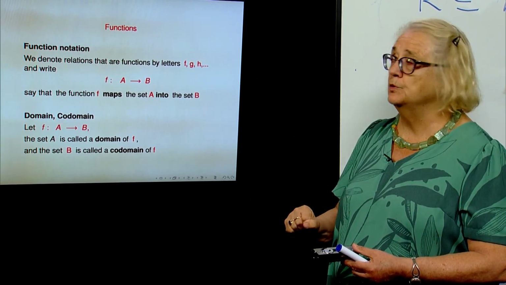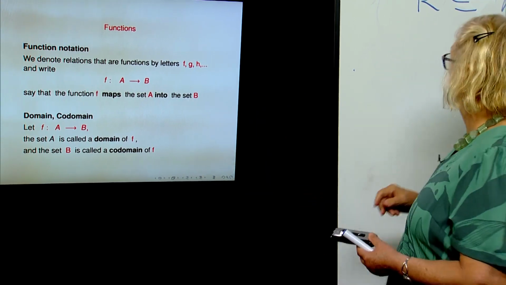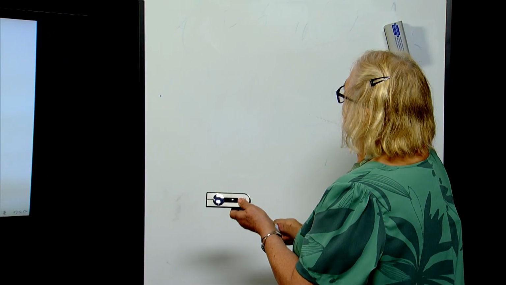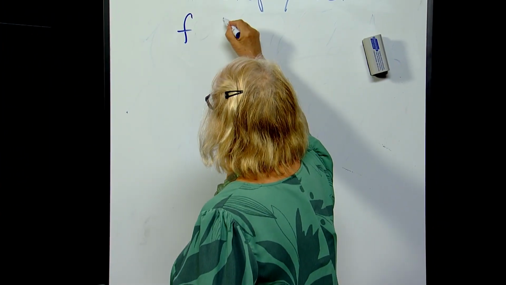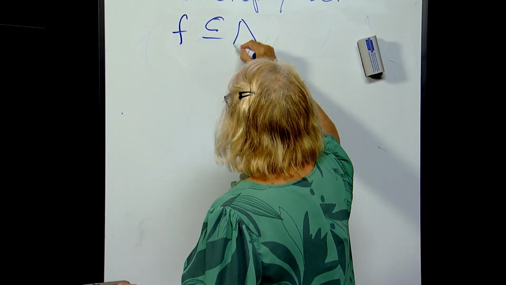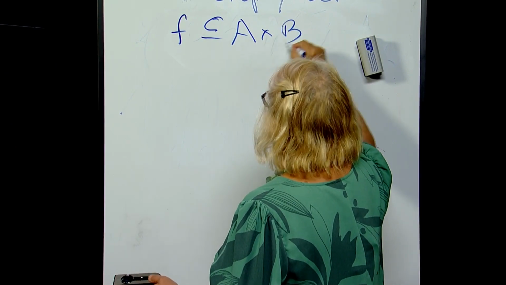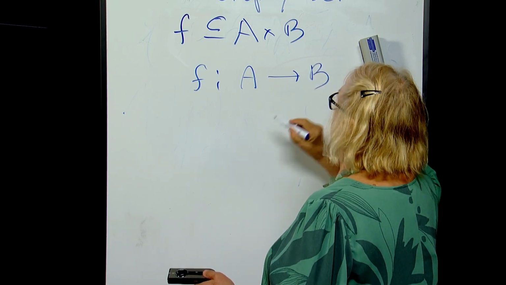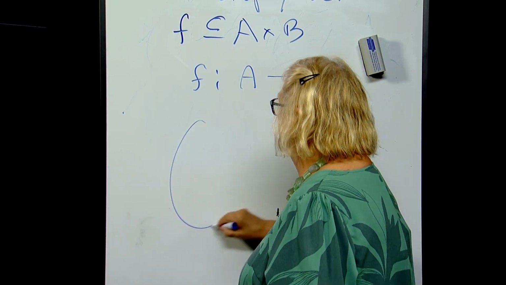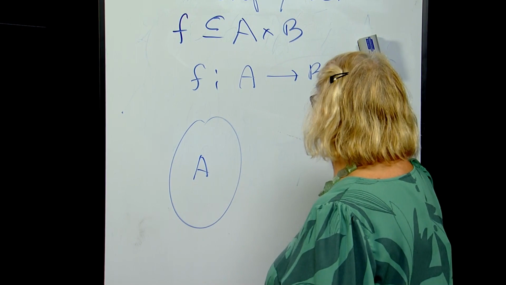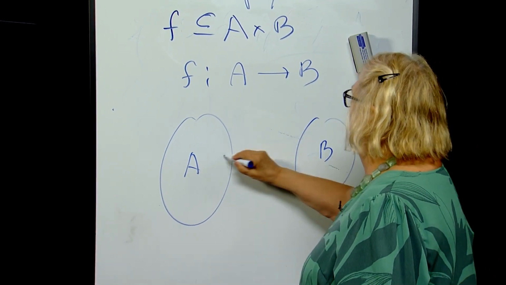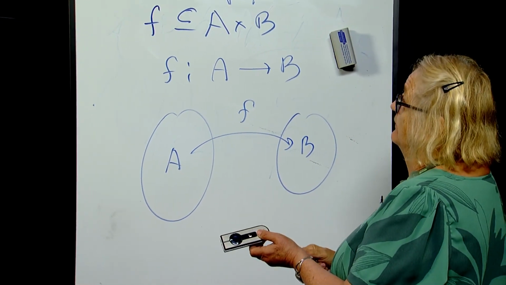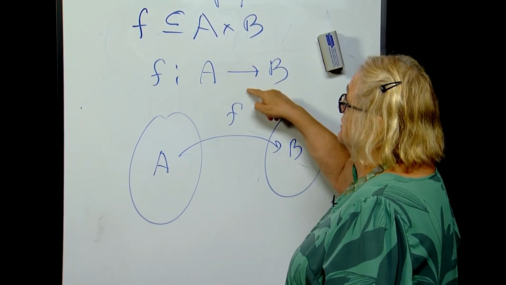The notation which we'll use, if we talk about functions, is that a one-argument function is f: A → B. So the function maps A into B. You can write that here you have set A, you have set B, and the function f maps A into B if this binary relation is a function.